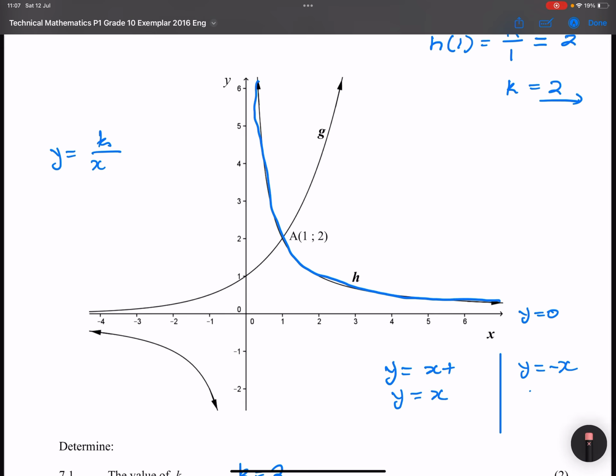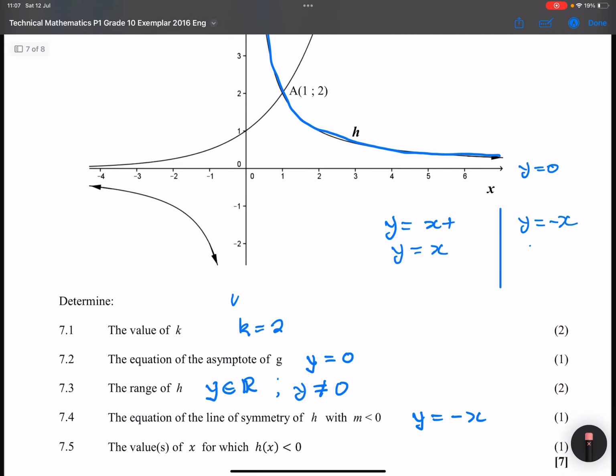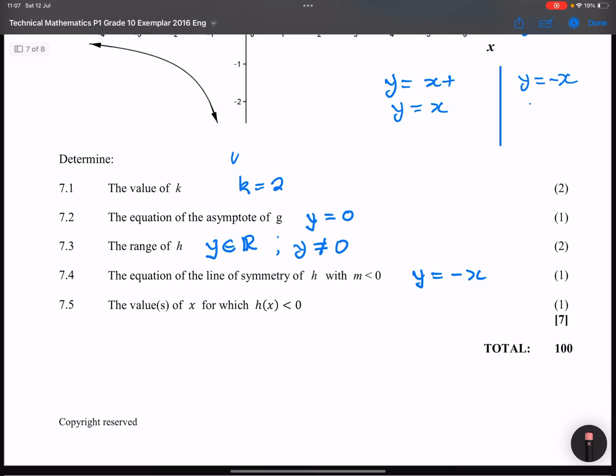In this case, it looks like all the way from negative infinity until x is equal to 0. That is where we are going to have the graph less than 0.